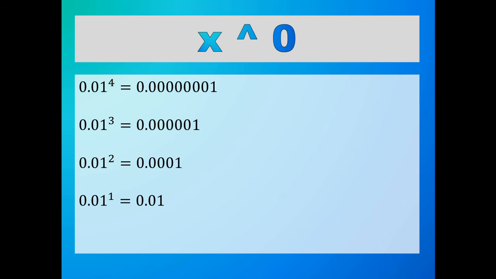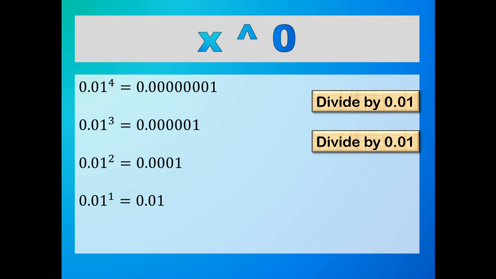Now, how do we get from 0.000000001 to 0.000001? How do we get from there to there? Well, we divide by 1/100. How do we get from 0.000001 to 0.0001?